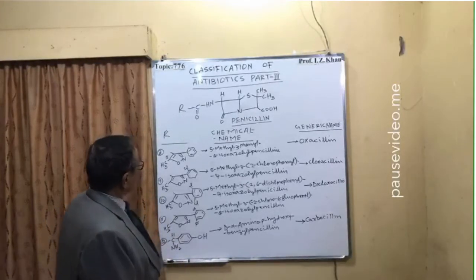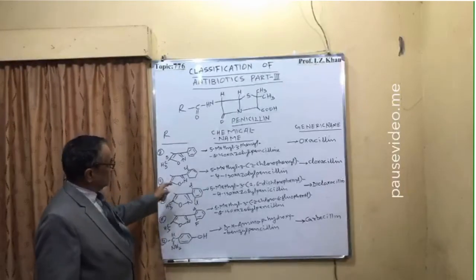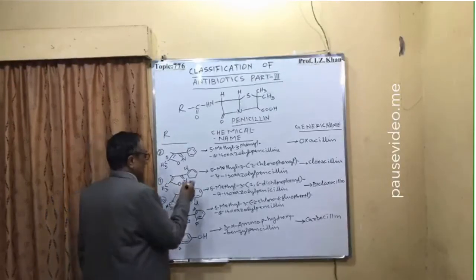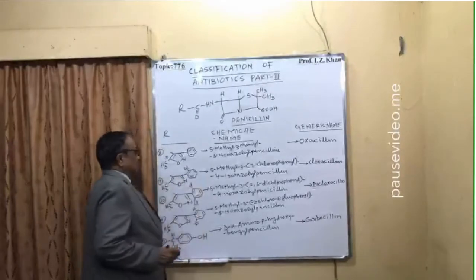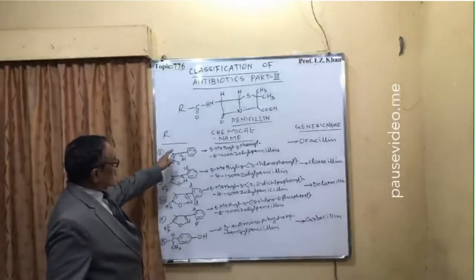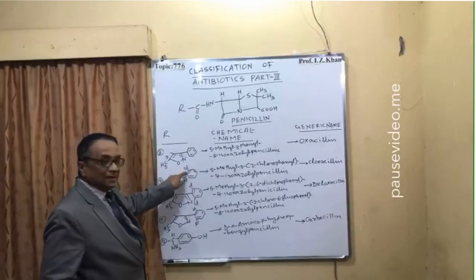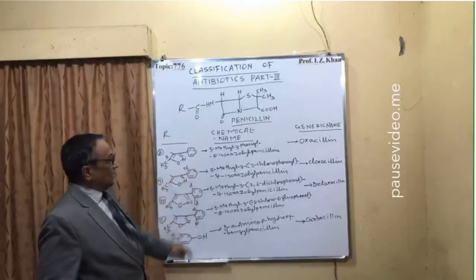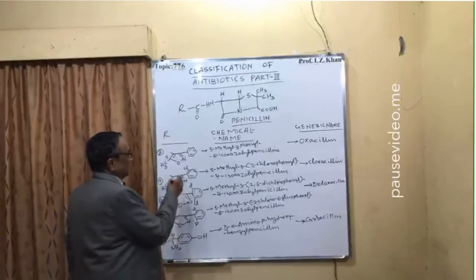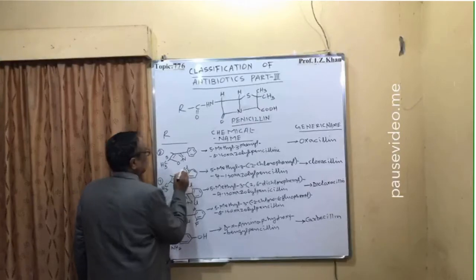And number 9, where this same grouping is there, and the only difference from number 8 is that only one chlorine is substituted at position 2 of the benzene.